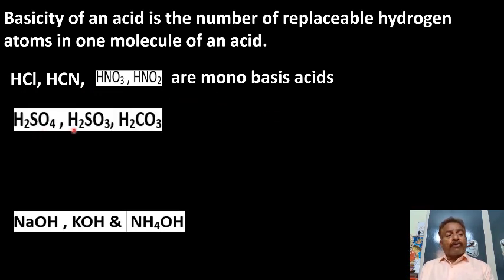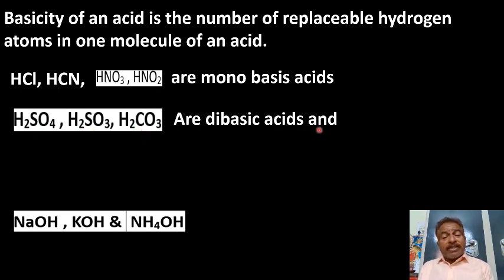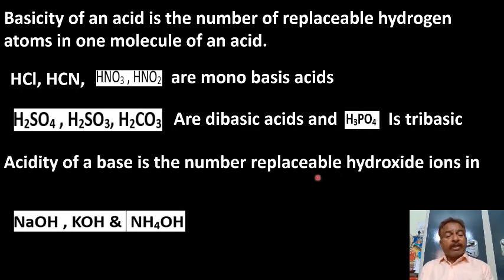Sulfuric acid H2SO4, sulfurous acid H2SO3, and carbonic acid H2CO3 are dibasic acids. They have two replaceable hydrogen atoms. And H3PO4, phosphoric acid, is a tribasic acid. Acidity of a base: here we discussed the basicity of an acid, now we discuss the acidity of a base.